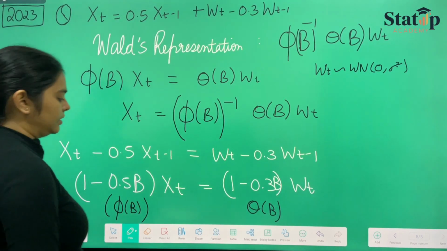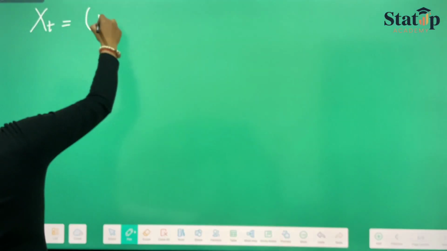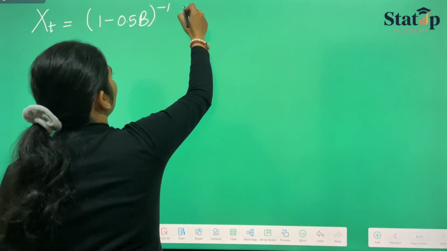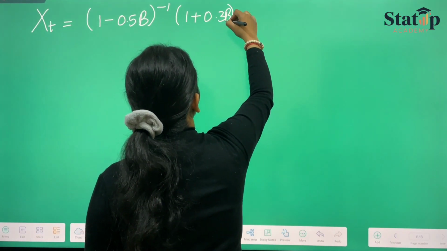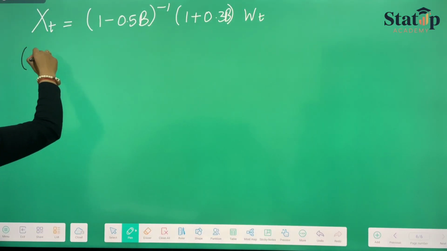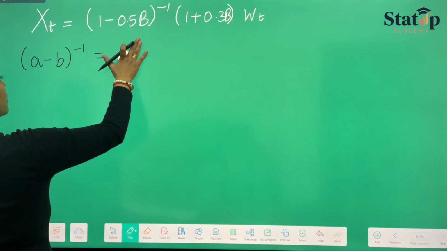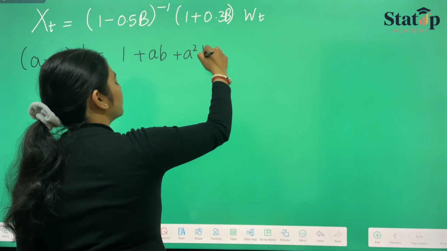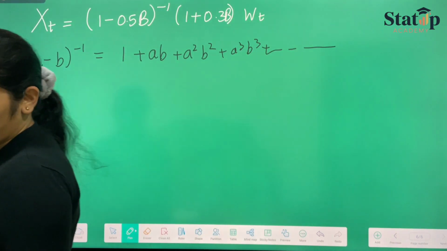Taking phi b to the other side, we will get xt equals 1 minus 0.5 b inverse into 1 minus 0.3 b into wt. Now this inverse, if we take 1 minus ab inverse, the formula is 1 plus ab plus a square b square plus a cube b cube and so on till infinity.